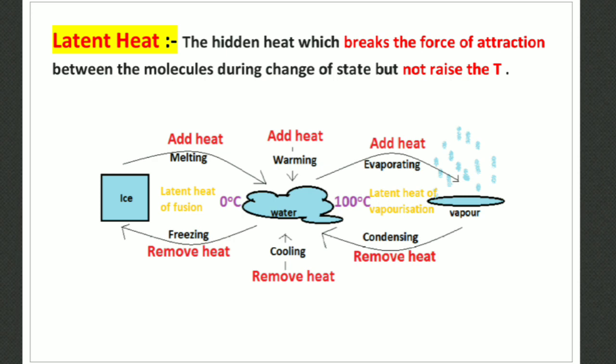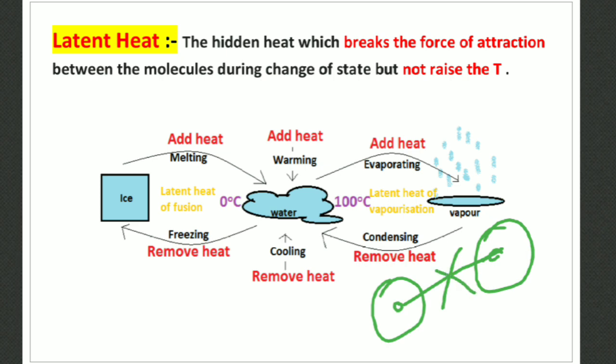They found that this heat energy is only used up in overcoming the force of attraction, or bonding. Suppose there are two particles, and there is a bonding between the two particles. This heat energy, the latent heat, is only used up in breaking the bond between these two particles, but has nothing to do with any temperature increase of the system.